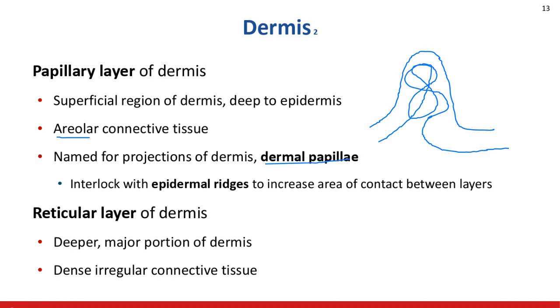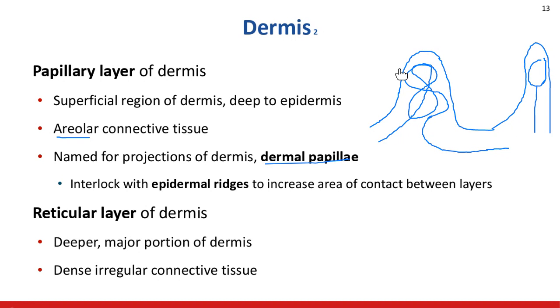And also in these dermal papillae, you'll see sensory receptors in there. And we'll talk about those. So the dermal papillae are going to be these little projections up into the epidermis.